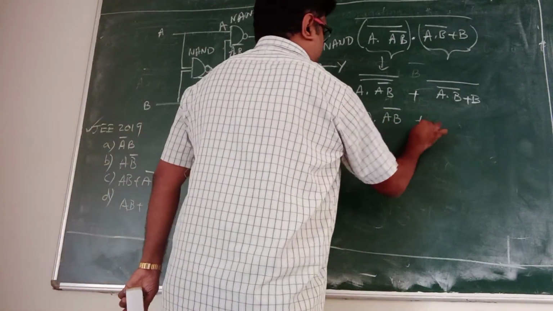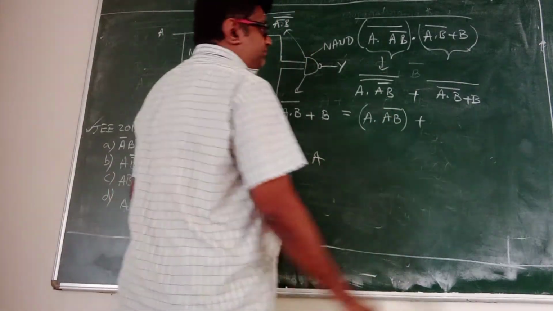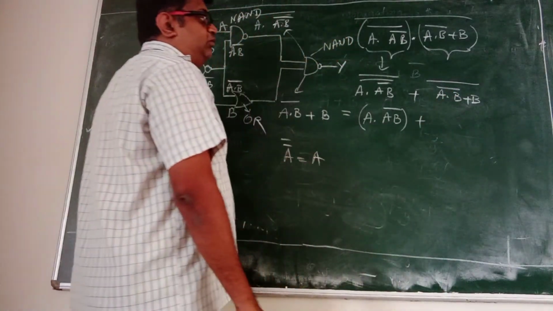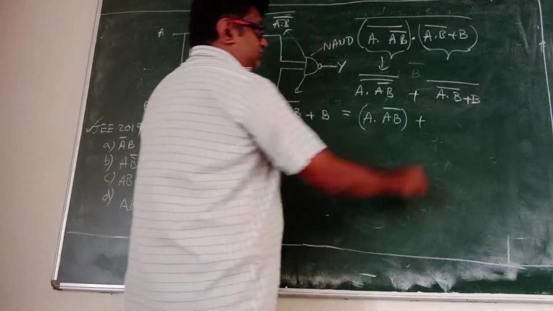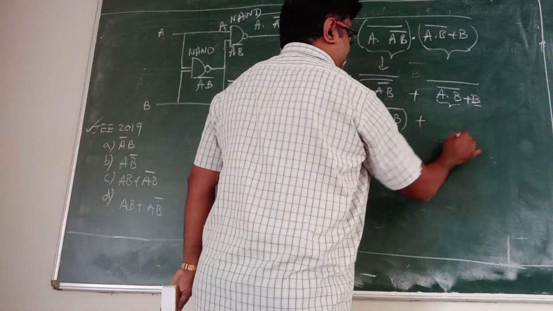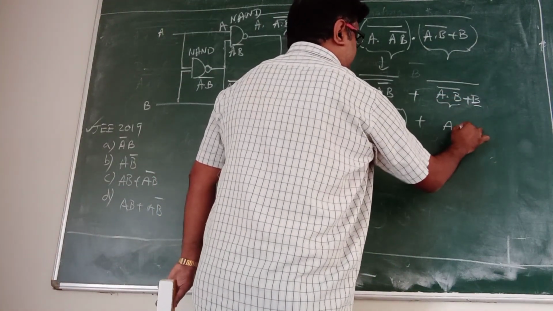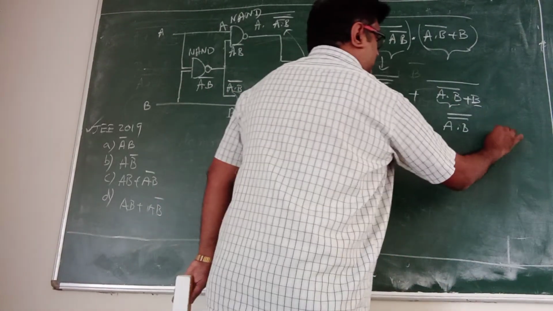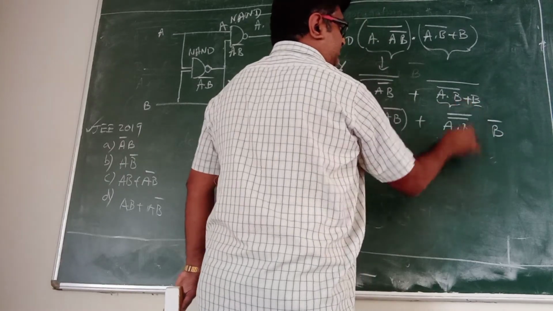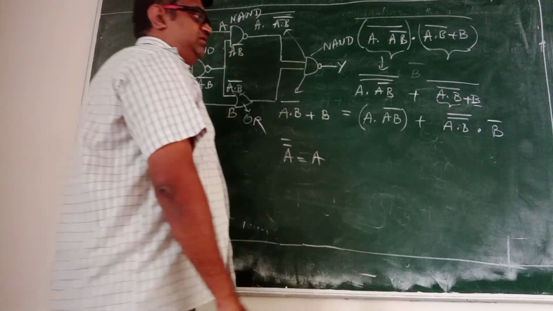Okay, now plus. So consider this as 1, and now we need to open this. So again I need to apply De Morgan's law here. So consider this as 1 now, this as the second one. So I can write this as A dot B bar and B bar. Because there is plus, I need to put a dot.